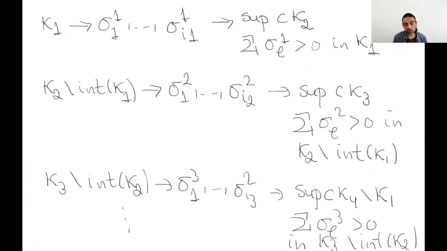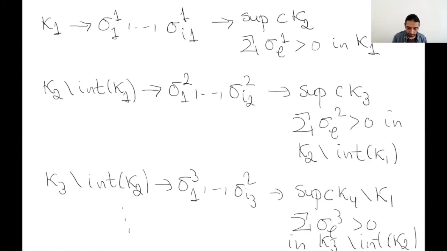So what we're going to get is, first of all, a family of functions that is going to be countable, because for every j, we are getting finitely many functions, and the countable union of finite sets is countable. The supports of all these functions are contained in some set of our open cover. That's good. And if you have any point of the manifold, there exists one of these functions that is positive at this point.